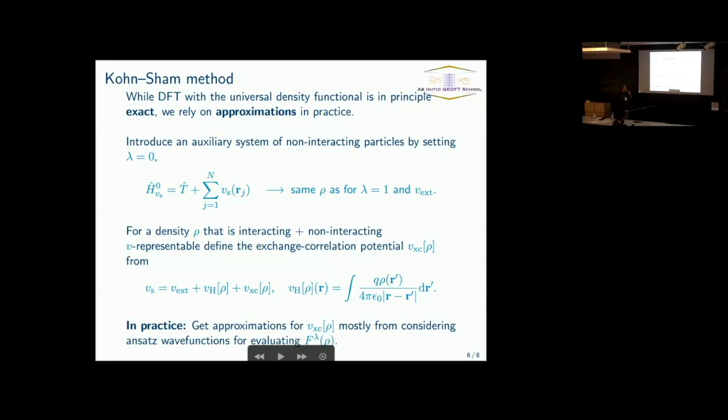And now we know that we can use this potential, if we have it, to solve in the non-interacting system here and get the same density. But we need to have this thing here. And that is where DFT or Kohn-Sham DFT gets on people, practitioners got extremely creative and clever to derive a huge universe of approximations.